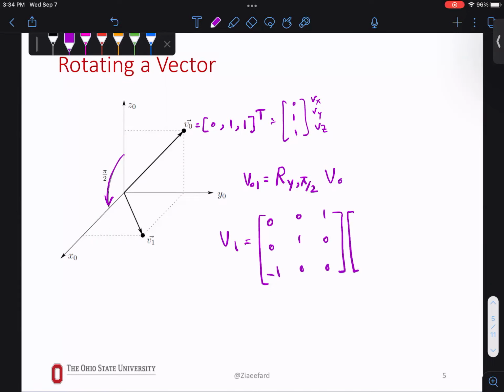Then do the multiplication, let's say it's 110. What the rotation matrix did here is act as an operator. It rotated one vector 90 degrees. Pretty neat.